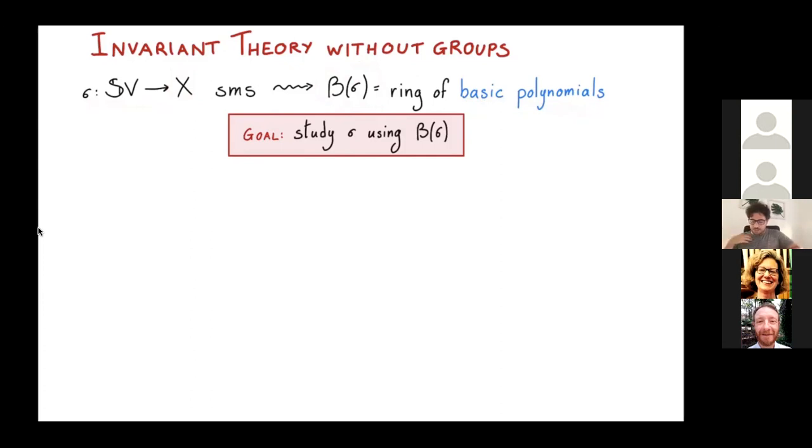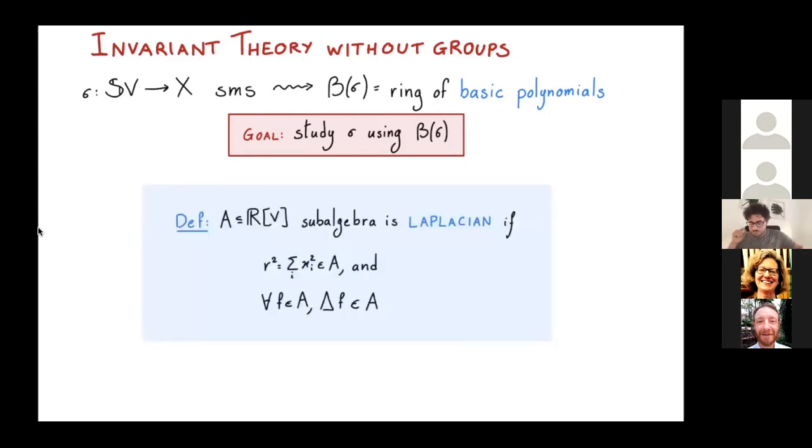Essentially, I will tell you what the result is, but first of all, I need to define this concept of Laplacian algebras, which are subalgebras of polynomials that have two properties. First of all, the polynomial given by the distance squared from the origin we want to be in the algebra.